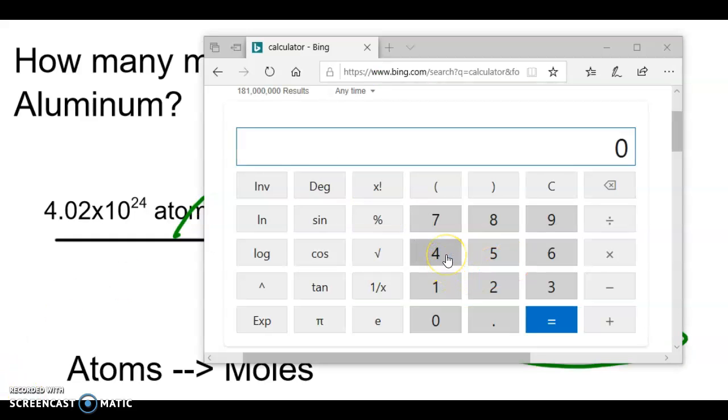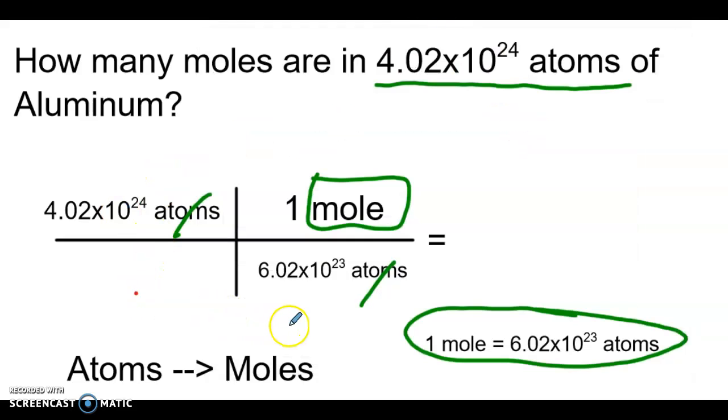So if we go ahead and just put this into our calculators, we take 4.02 exponent 24. So that just means times 10 to the 24th. And if we go back to the problem, we have our starting number up here on the top, and then we have 6.02 times 10 to the 23rd on the bottom. So in the last problem, we multiplied everything together that was on the top. So that's still going to be the case.